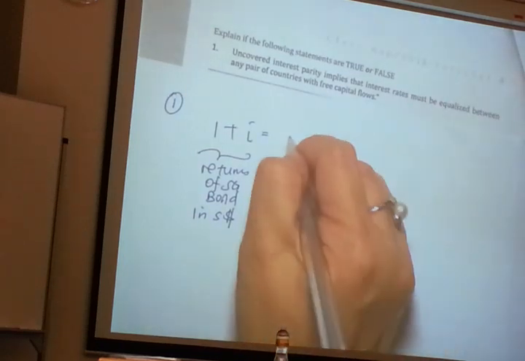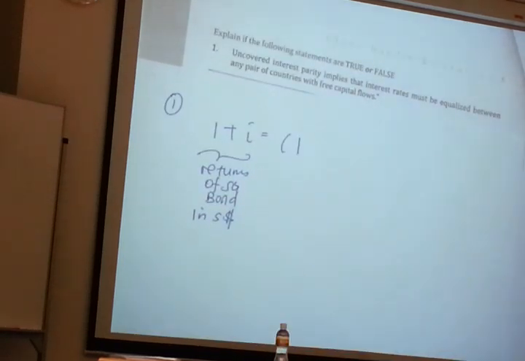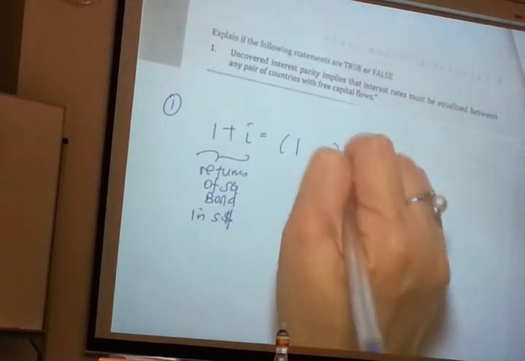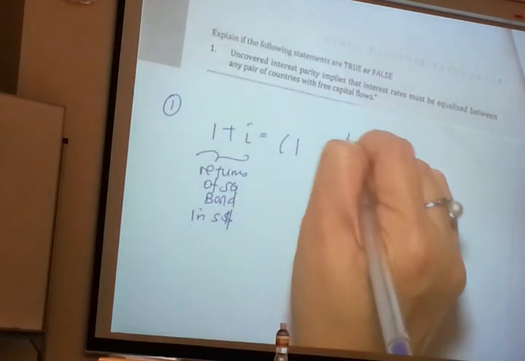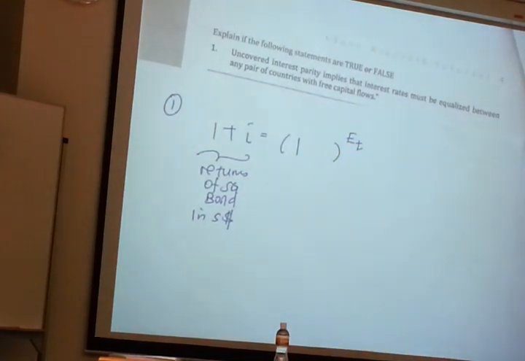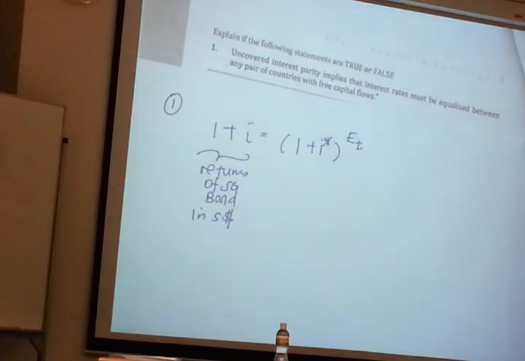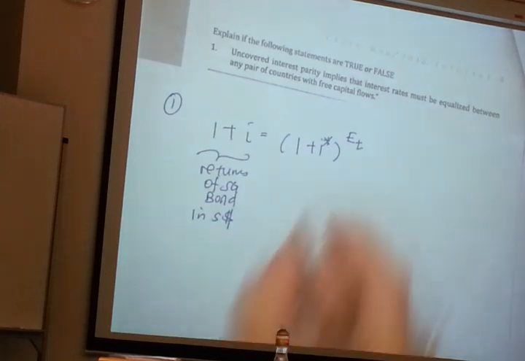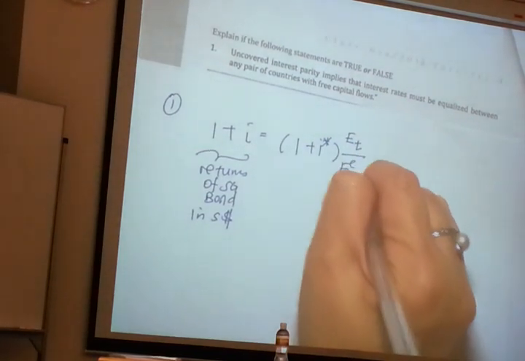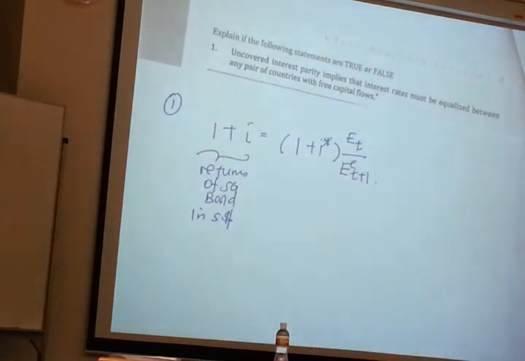But if I take the same Singapore $1, I must convert it to US dollar, so I must multiply by the current exchange rate. With the money, I earn foreign interest rates. But the money is in US dollar, so I must convert back to Sing dollar.